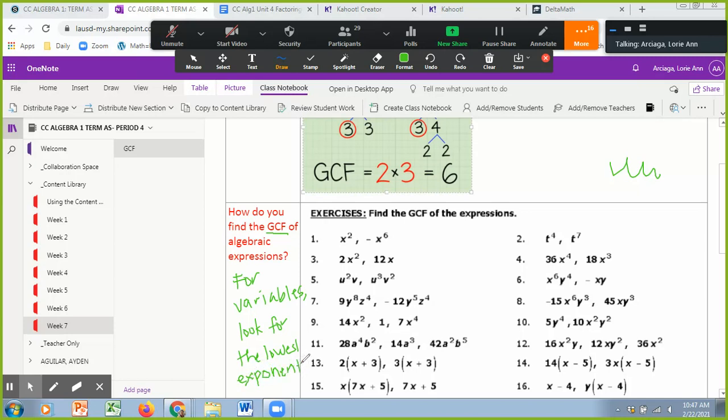It's different. Okay, so you have to look for the lowest common exponent.